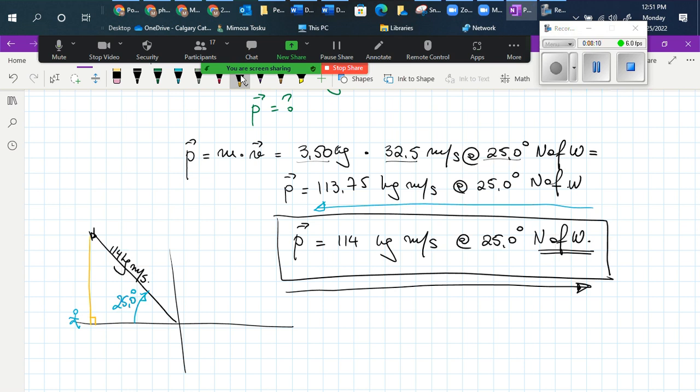And whatever is along the horizontal will be considered as the horizontal component of the vector. And whatever is along the vertical will be considered as the vertical component of that vector. And now, using sine and cosine, we will find the horizontal component and the vertical component.